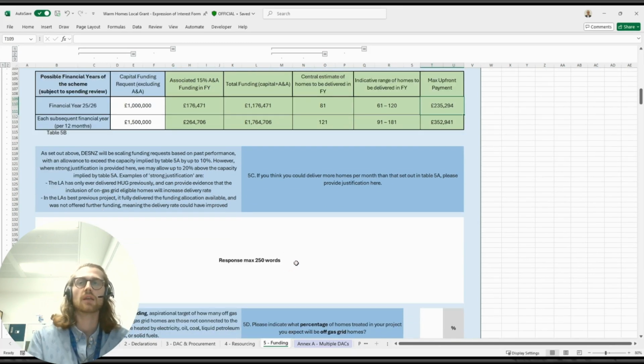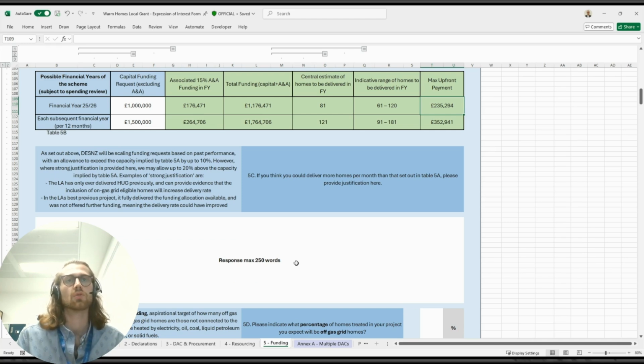In short, question 5C is asking you if you feel that you could deliver more homes per month than is set out in table 5A, so your capacity table at the top of this section. We want you to provide justification for that here.